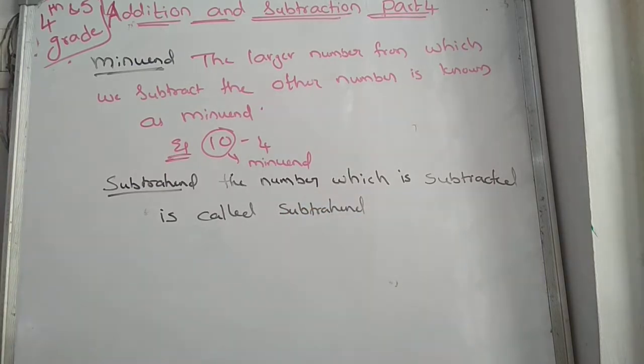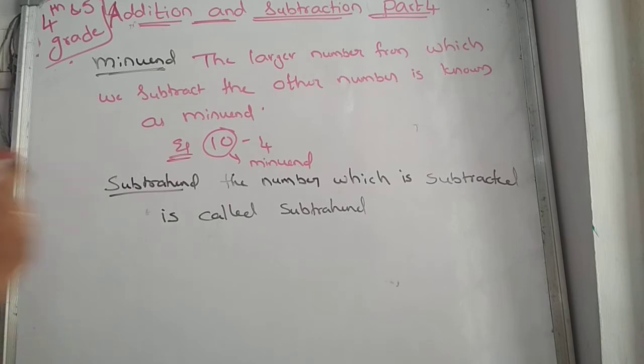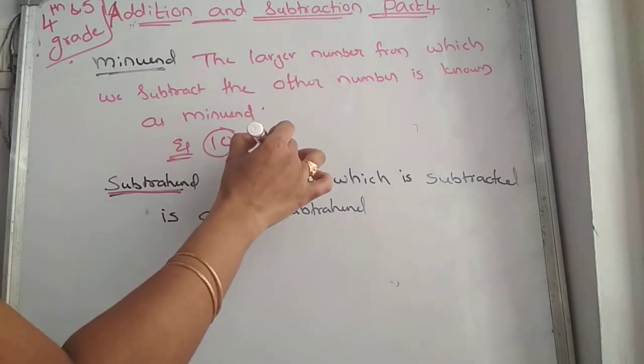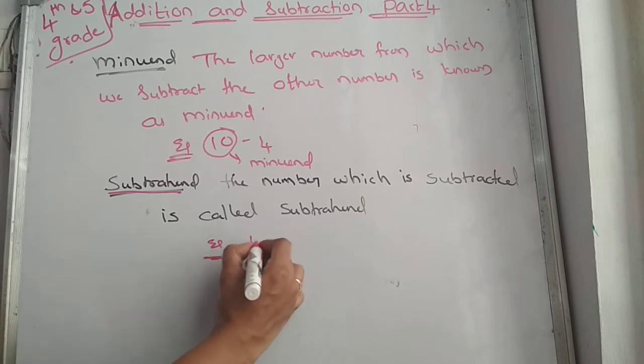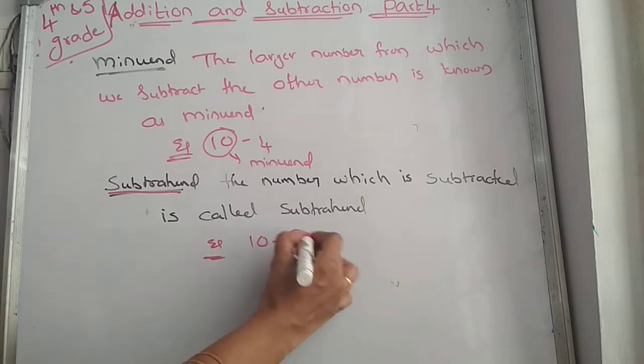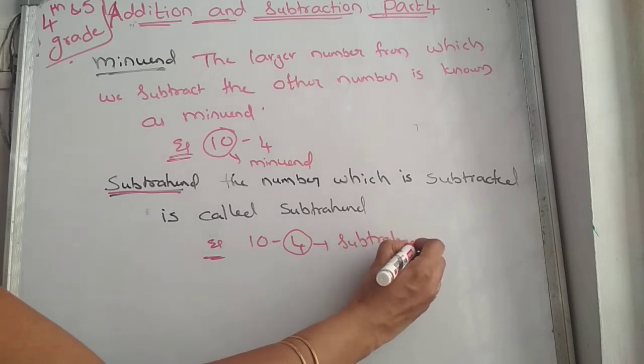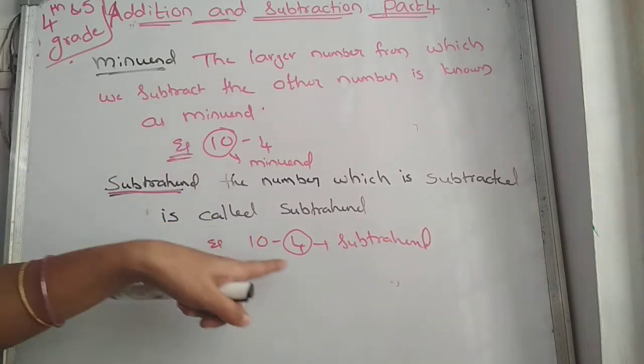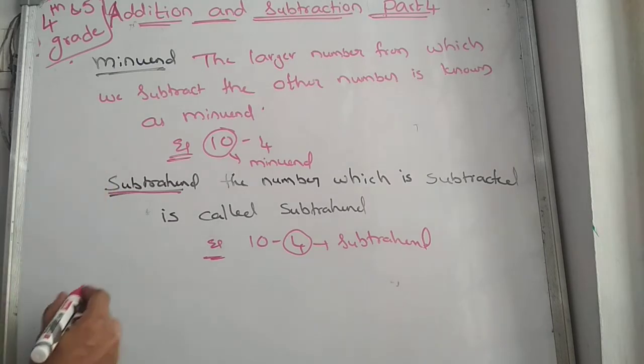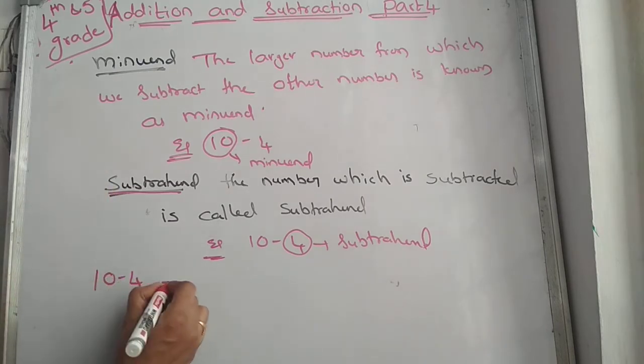See here, subtrahend means the number which is subtracted. For example, suppose 10 minus 4. In this, 4 is a subtrahend. Here 10 is a minuend, 4 is a subtrahend. So 10 minus 4 equals 6 we will get.